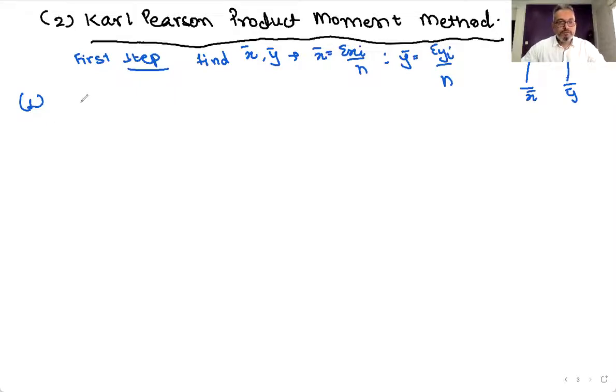Now, over here, the first formula, it is to be used when x bar, y bar are not in fraction.